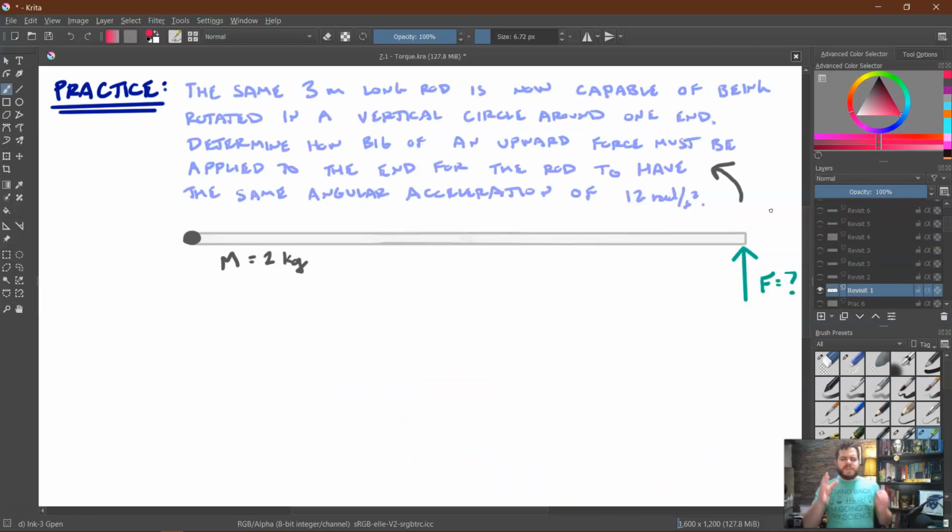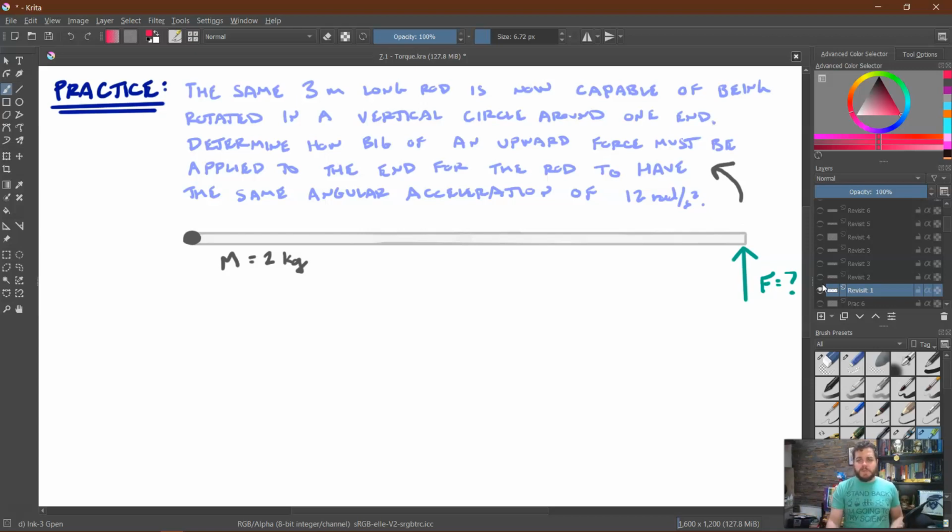But let's say we took this same 3-meter long rod that was still 2 kilograms in mass, and we're now moving the axis to one end of it, and we're going to move it in a vertical circle this way rather than from the center. And we want to determine how big of a force is necessary to give it the same angular acceleration of 12 radians per second squared. Now the first part of this is going to be pretty simple.